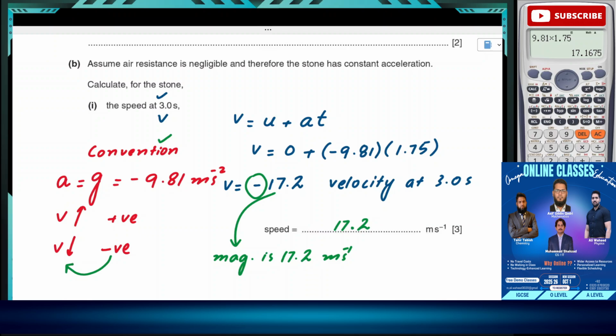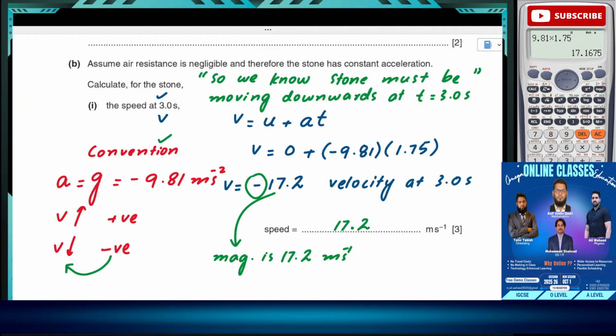So that gives you the additional information that the stone at 3.0 second must be moving downward. This is the advantage of sign convention. Although in this one, the sign is not needed, the minus sign is irrelevant because they ask for speed, which is just a positive number. But the additional information is, you know about the stone, that the stone at 3.0 is moving downward.